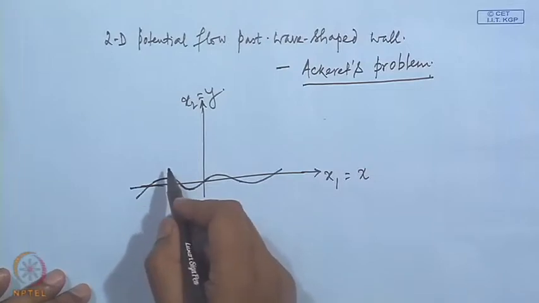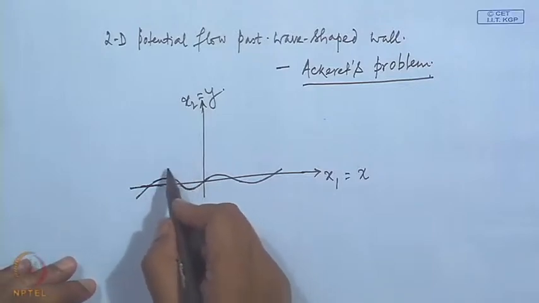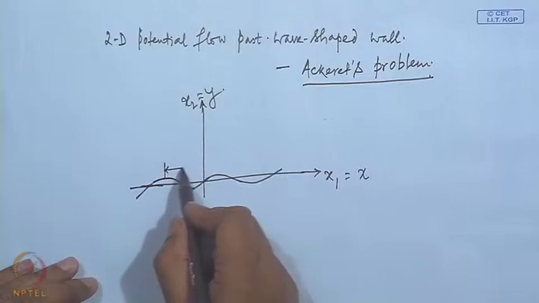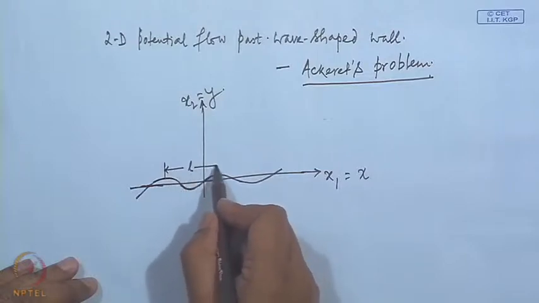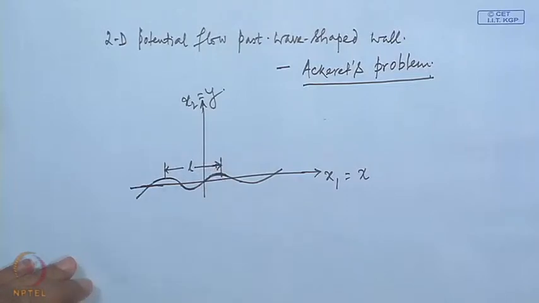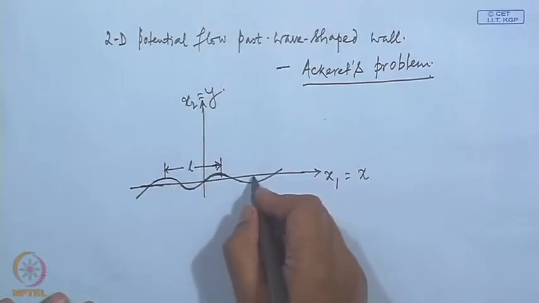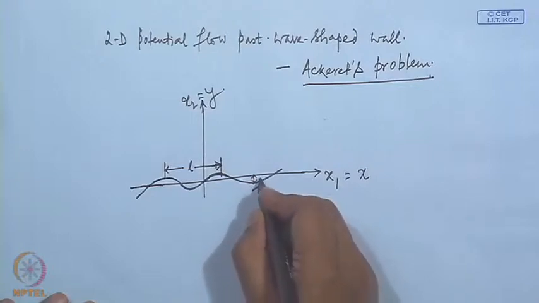And we consider one wavelength of the body, L, and this amplitude is given by h.